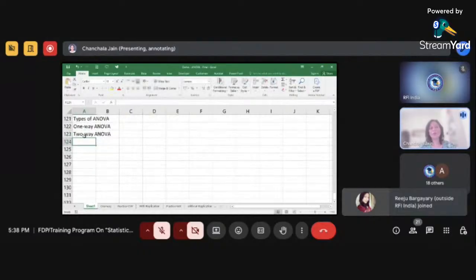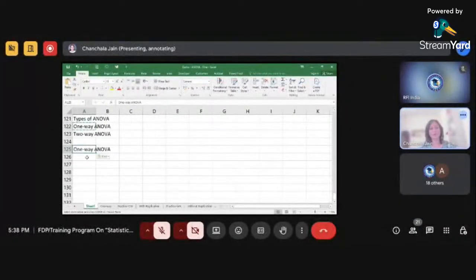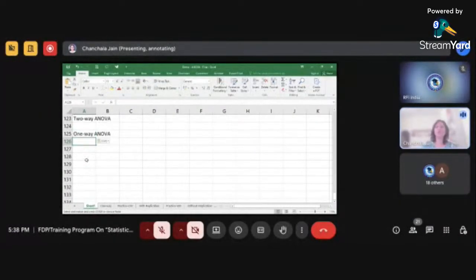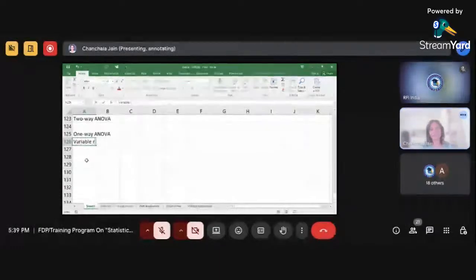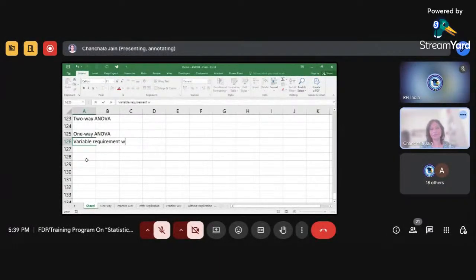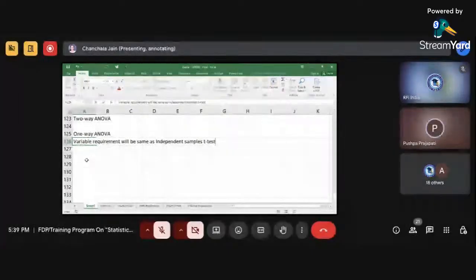When I talk about one-way ANOVA, it is again used for comparing the means. Here, you need to understand that the variable requirement will be same as independent samples t-test, right?